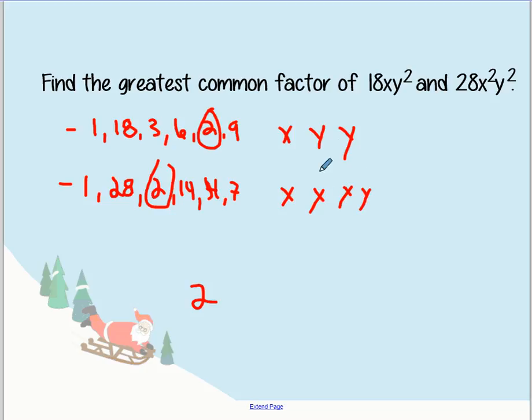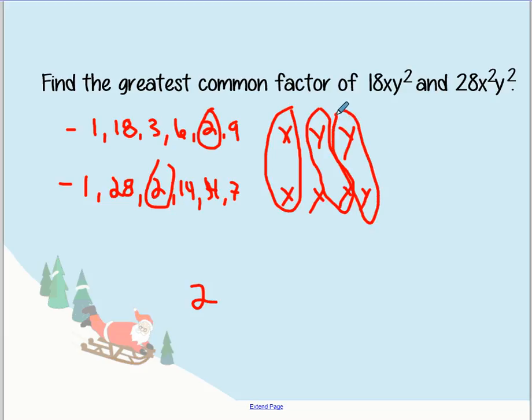The ones that I have in common are 1 x and a y and another y. So my answer would be 2x times y times y, or 2xy squared. And that would be my greatest common factor.